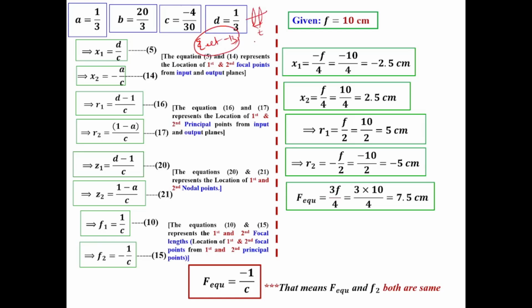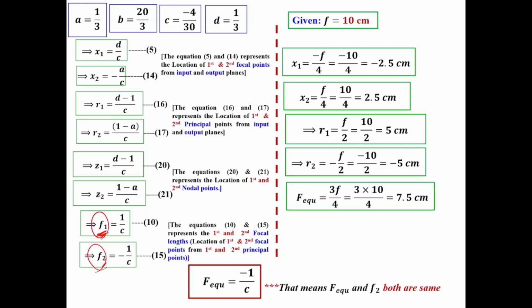separated by a distance, the location of cardinal points can be evaluated by using these equations: x1, x2, r1, r2, z1, z2, f1 and f2. See, this f1, f2 is not the focal length of the field lens and eye lens.